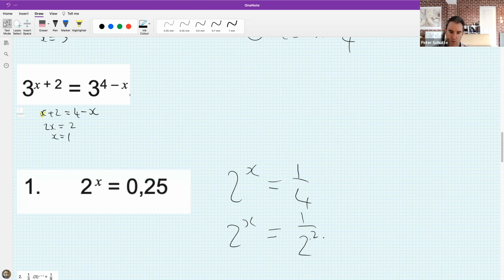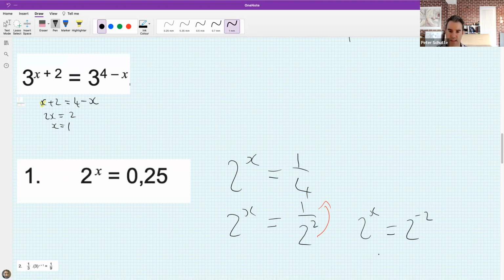But it's still not the same. Who knows what I need to do to get to the answer from here? I just have to move this from here up to here. But then I get that. And then the answer must be -2.